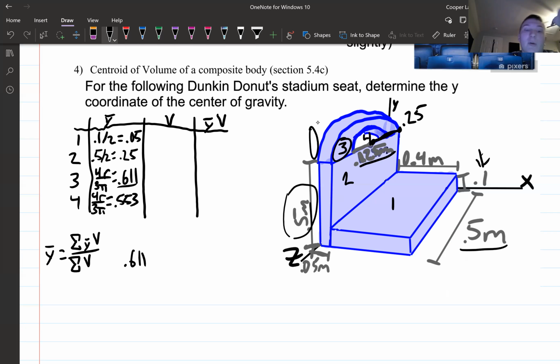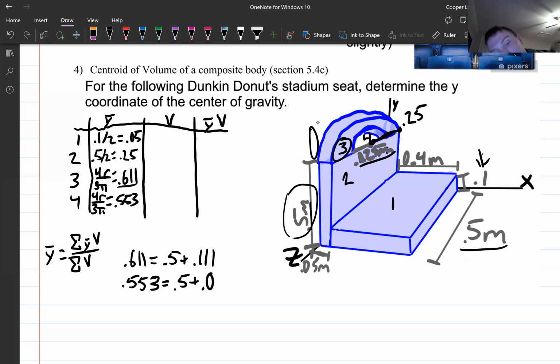That's why it's 0.611, because it's actually 0.5 plus 0.111. And it's the same thing for shape 4, where 0.553 equals 0.5 plus 0.053. So that's how I get those two values. Now I'm just going to erase that real quick so we can keep up the space.